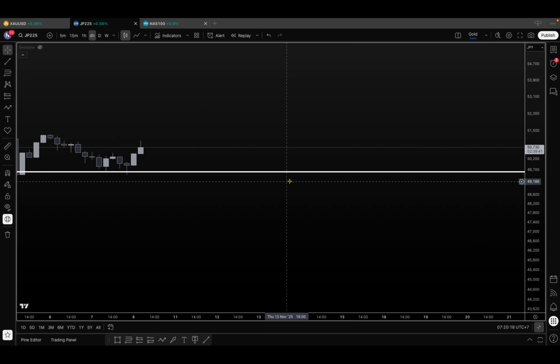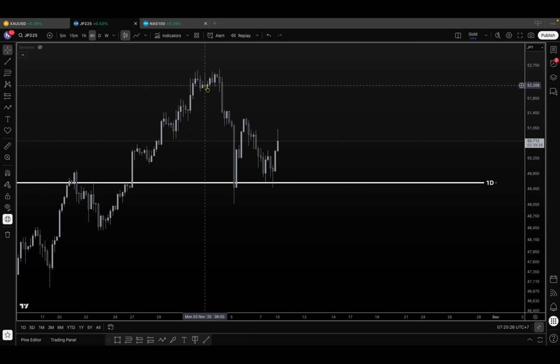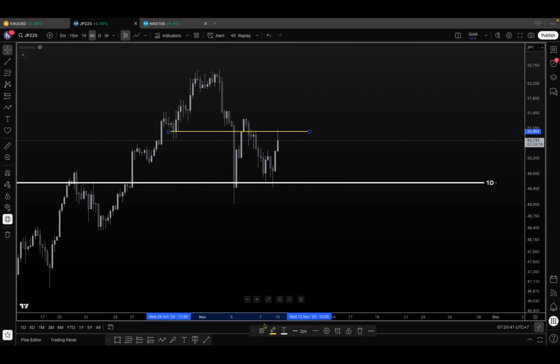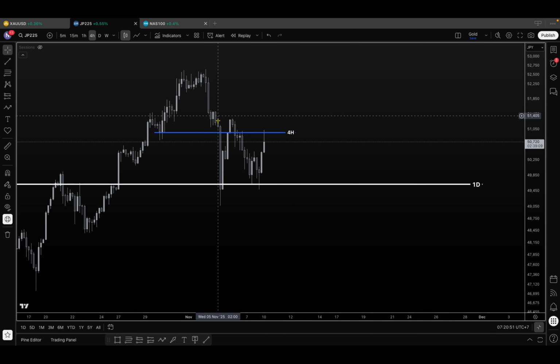When I looked at the chart, I can easily see that on daily and on 4 hour, the price created some sort of bearish structure here. After this break of structure, the price is obviously in a downtrend.